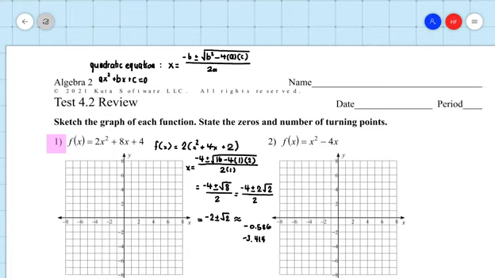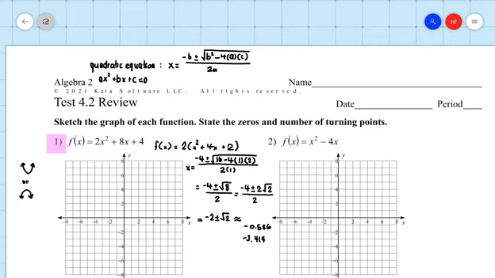Now, when we are graphing, we want to know what direction it is facing. And so this is a quadratic, so it's going to face the same direction on either side. We know our quadratics either look like this or they look like this, and that depends on whether the first number is positive or negative.